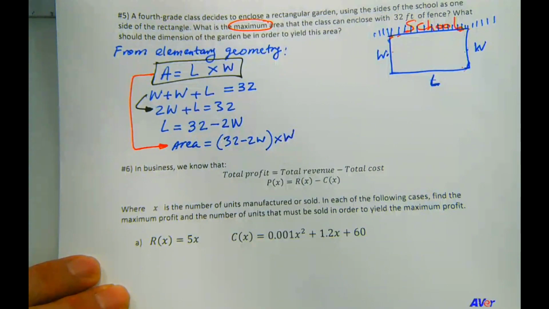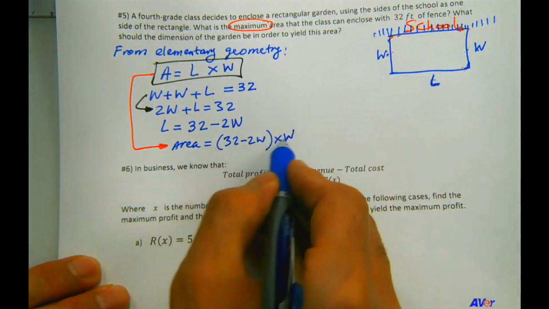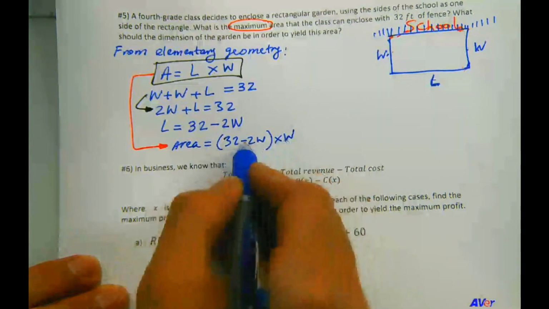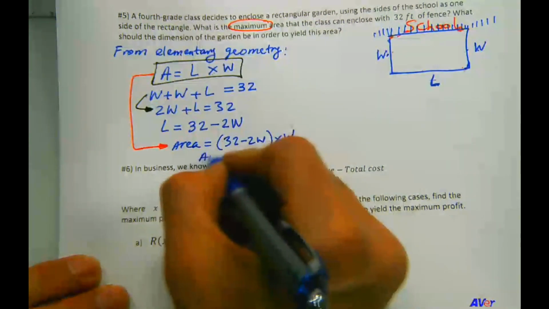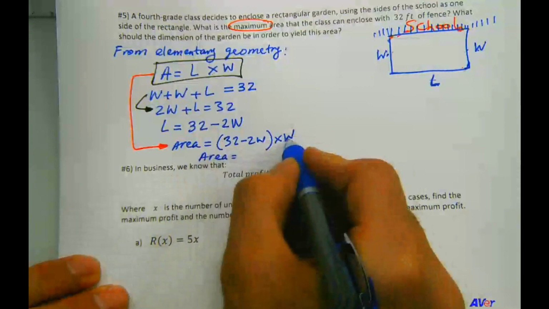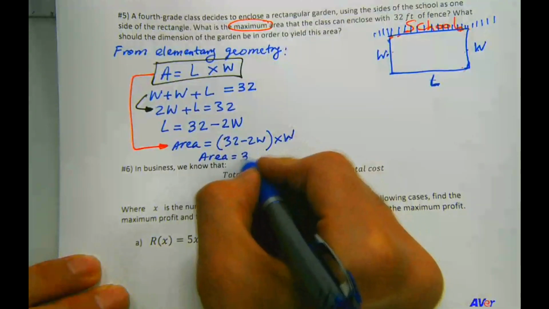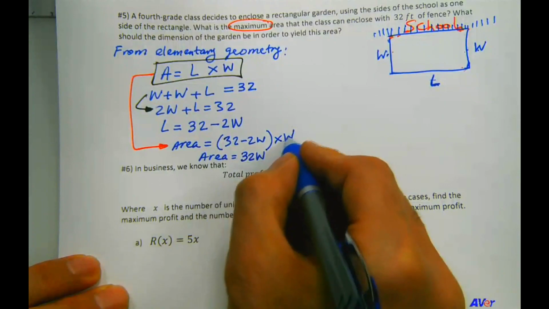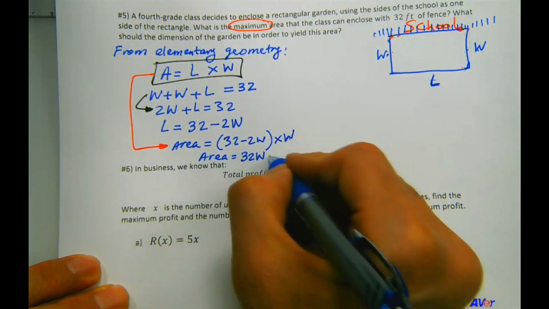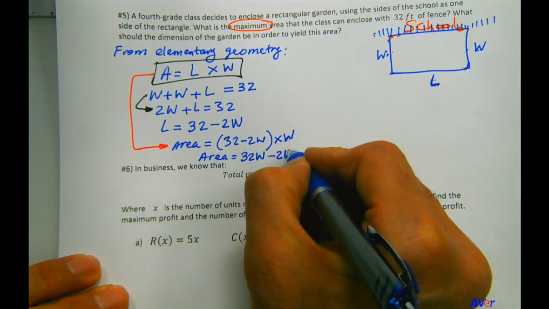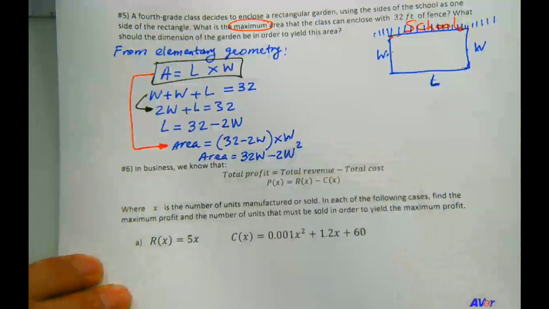Right? So now, let's distribute this w into what we have. We have area equals w times 32 is 32w. W times minus 2w gives us minus 2w squared.